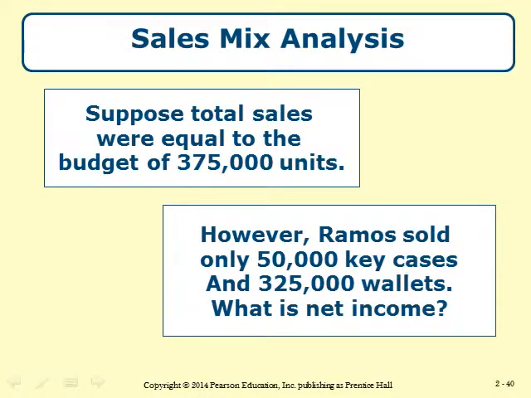So when the sales mix changes, the break-even point and the expected net income at various sales levels change also. For example, suppose overall actual total sales were equal to the budget of 375,000 units. However, Ramos sold only 50,000 key cases.